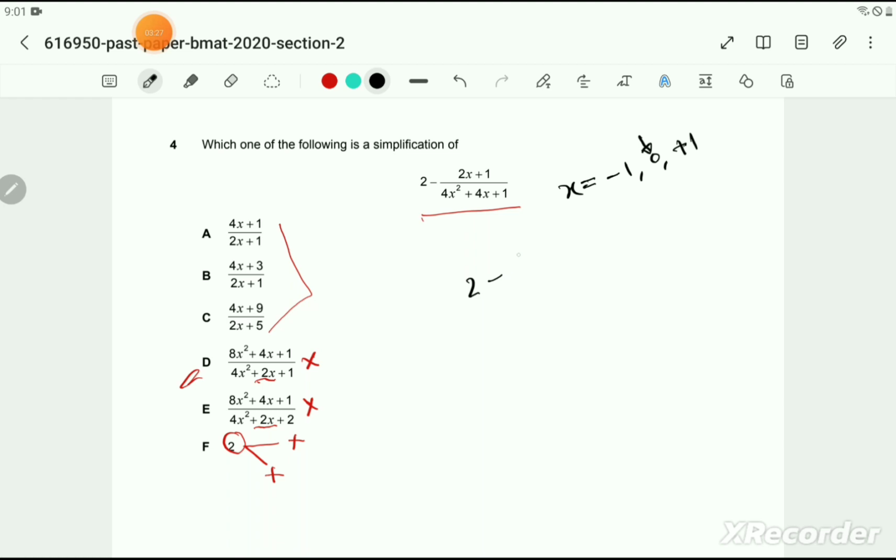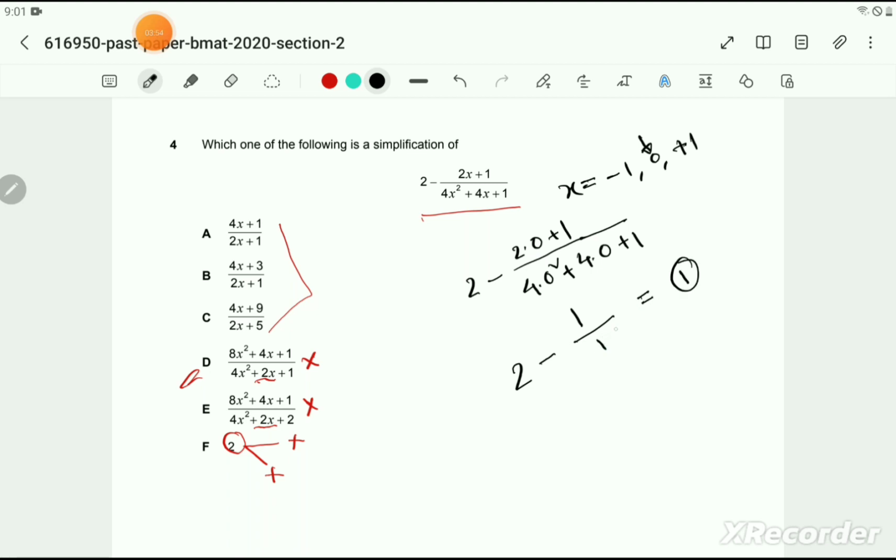2 minus this term is going to be 0 plus 1, and at the bottom 4x squared, that means 0 squared plus 4 into 0 plus 1. That means we get 2 minus 1 over 1, that means 1.